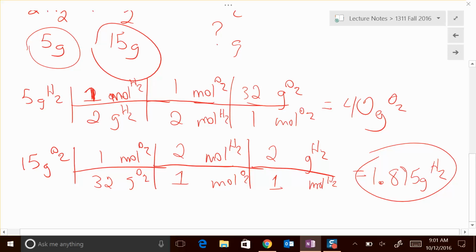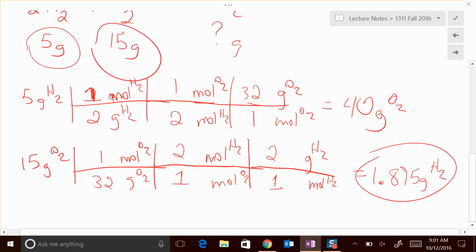This is how we're comparing one thing to another thing to determine which thing is limiting. Why do we do that? So we can determine the theoretical yield. How much would we produce? So, I haven't answered the question. If the question is, how much water do you produce? I haven't even answered that yet because all I've done so far is answered which one is limiting.